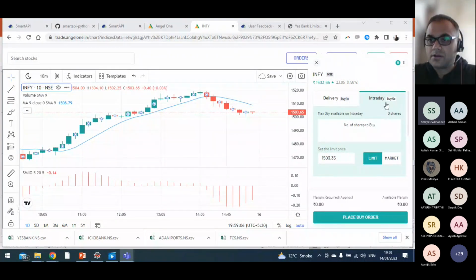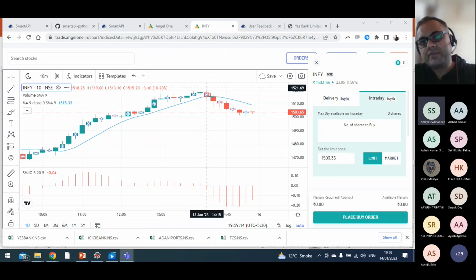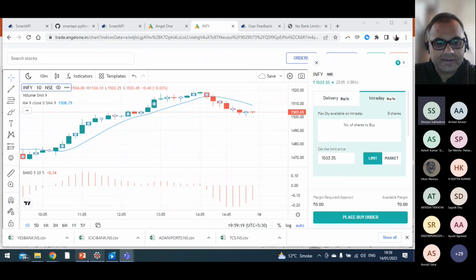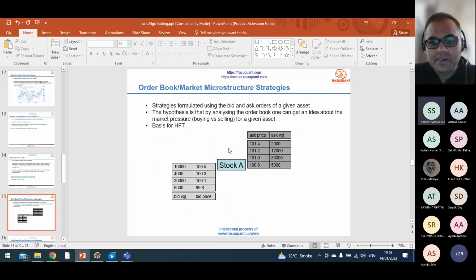Sorry about that. Okay, so once I punch in all this information and click on place buy order, this information would go to the exchanges. It will go to the National Stock Exchange, and like me, hundreds and thousands of other people have also placed their orders on Infosys.